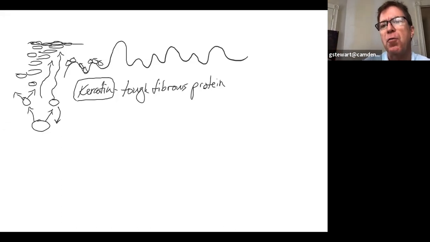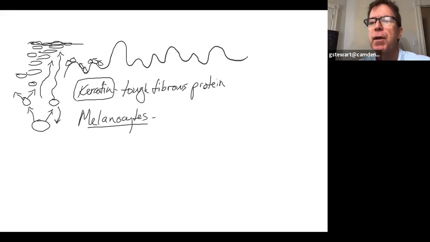Before I leave the stratum basale for good, I do want to say something else about melanocytes. So we know that they secrete the pigment melanin, and we know that what energizes them to do that is the contact of UV light or sun rays on those cells themselves.